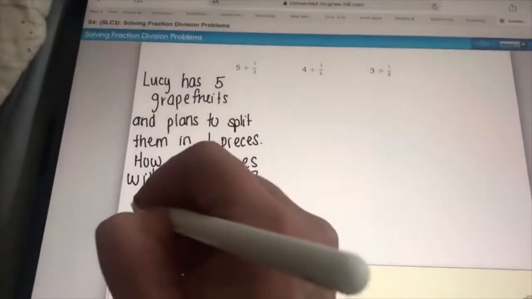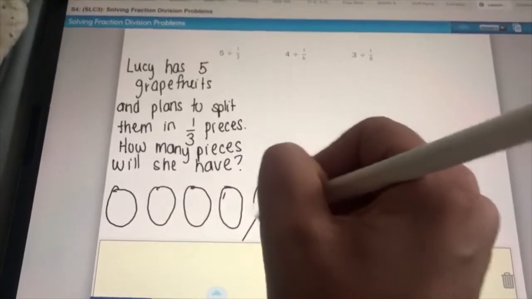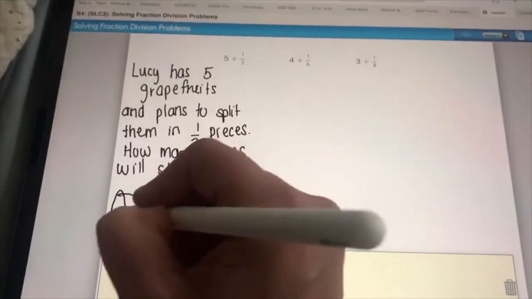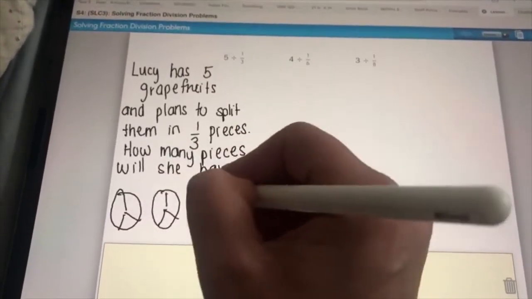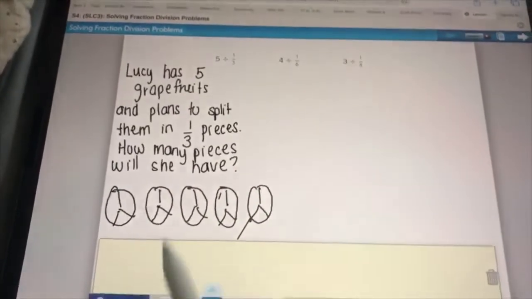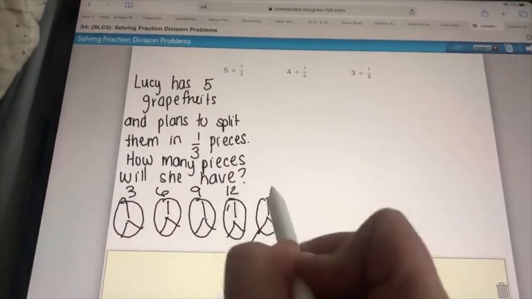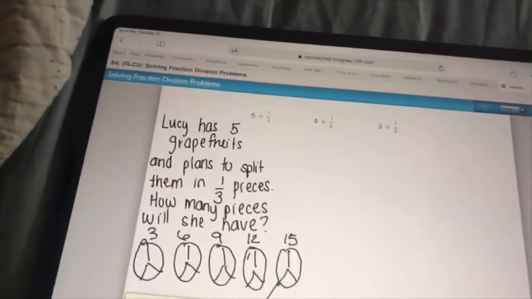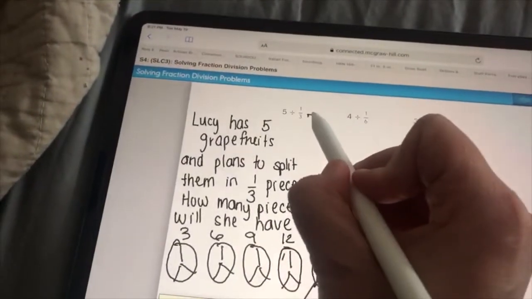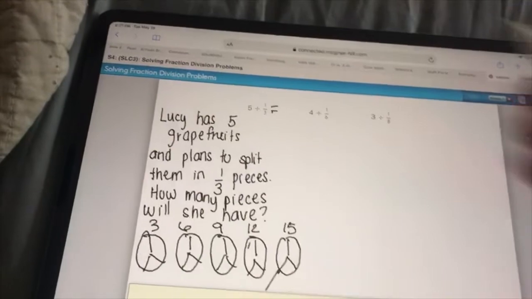If she splits 5 grapefruits into thirds, she would have 3, 6, 9, 12, 15 pieces. So 5 divided by 1/3 equals 15.